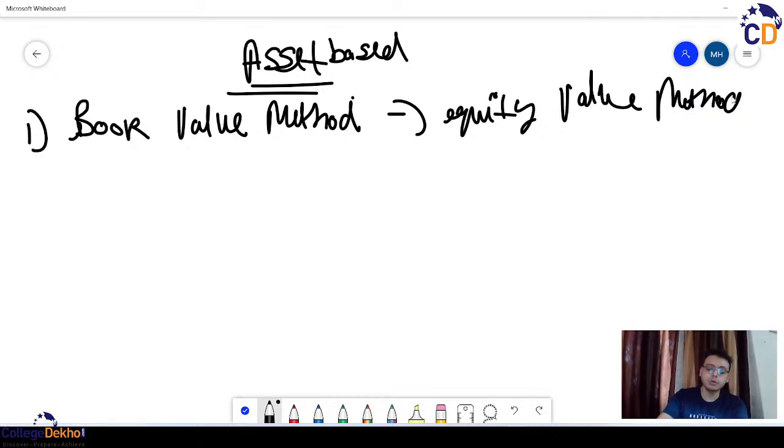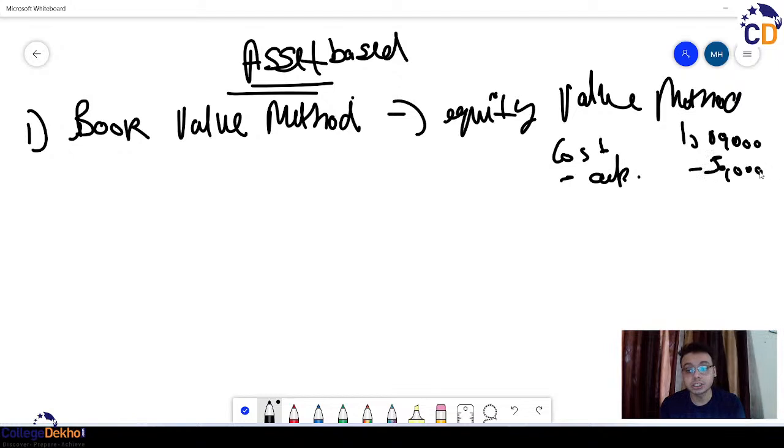For example, you are going for a merger and acquisition. Your company is A and you want to acquire a company B. When you are acquiring company B under this method, you acquire it on the basis of book value. And what is book value? The cost price of the asset, or the cost of acquisition of that company's asset, minus depreciation. मान लो कि cost of machinery that your target company acquired was 1 lakh rupees, उस कंपनी में 50,000 का डेप्रिसिएशन उस मशीनरी पर चार्ज अब तक हो चुका है and the current value of that machinery is 50,000 rupees.